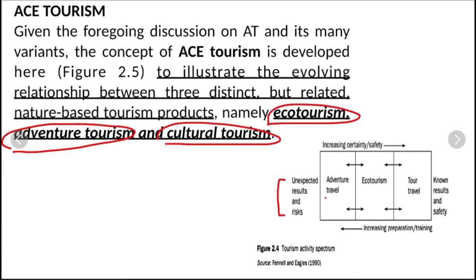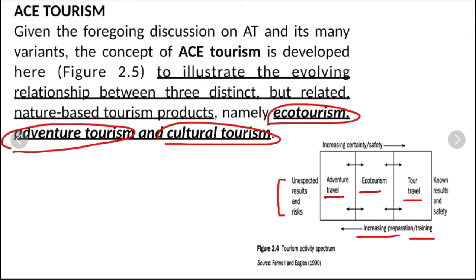But of course, sabi din, meron tayong mga unexpected results and risk pagdating kay adventure travel. Okay? So, yung safetyness natin is mas mataas yung tendency niya pagdating kay ecotourism at kay tour travel. But of course, from tour travel to adventure tourism, dapat meron daw increased preparation and training.